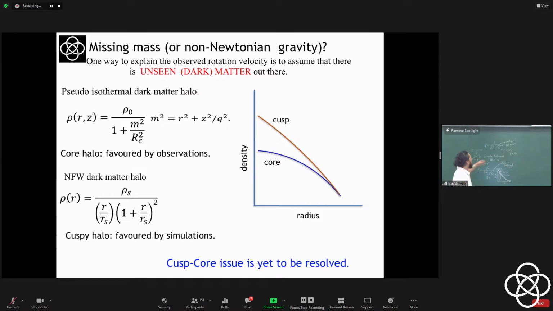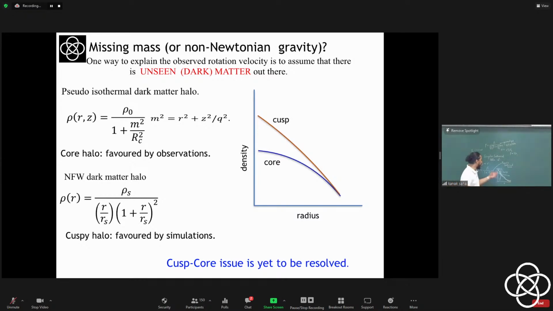Observational data don't seem to fit this well because of the cusp, because the flat rotation curve is so nicely fit with a 1 over R square profile, not with 1 over R cube. So this became a controversy, and the disagreement is still on.